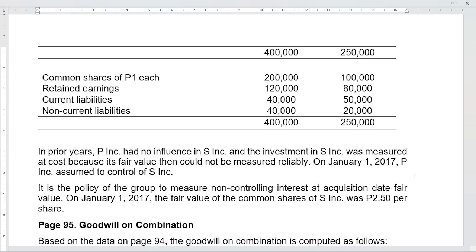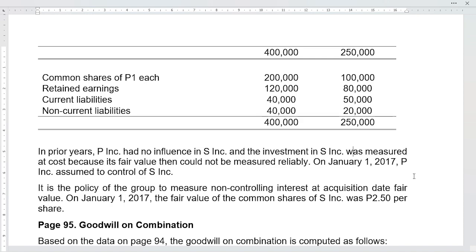Fair value raw, non-controlling interest, acquisition date, fair value nung ina-acquire. Ibang ina-acquire, di ba yung ordinary shares ni acquiree? On January 1, 2017, yan ang date of acquisition.